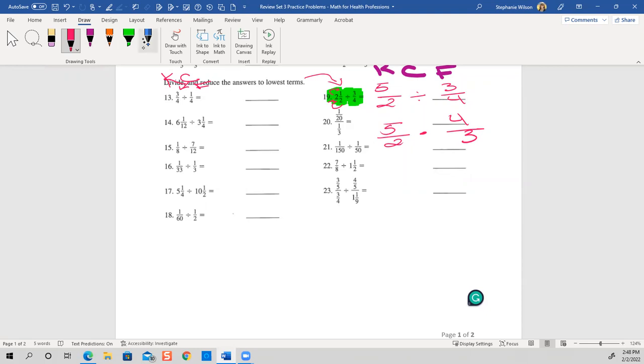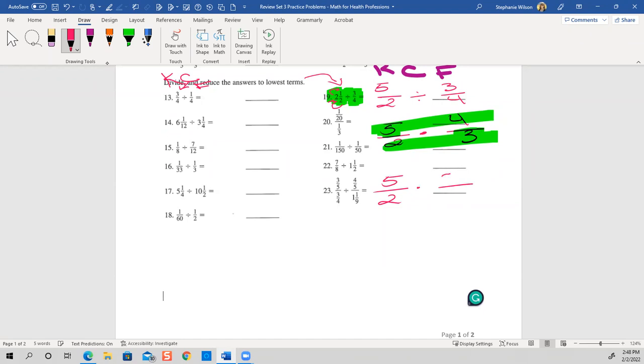So this is the question: is there a number on top that will reduce with a number on bottom? Well, 5 is prime, so it won't go into 2 or 3, so I'm not worried about it. 3 is prime, and it won't go into 4 or 5, so that doesn't work. But I do see I have 2s and 4s. So let's rewrite it. I know that 2 is prime, so I'm going to leave it like that.